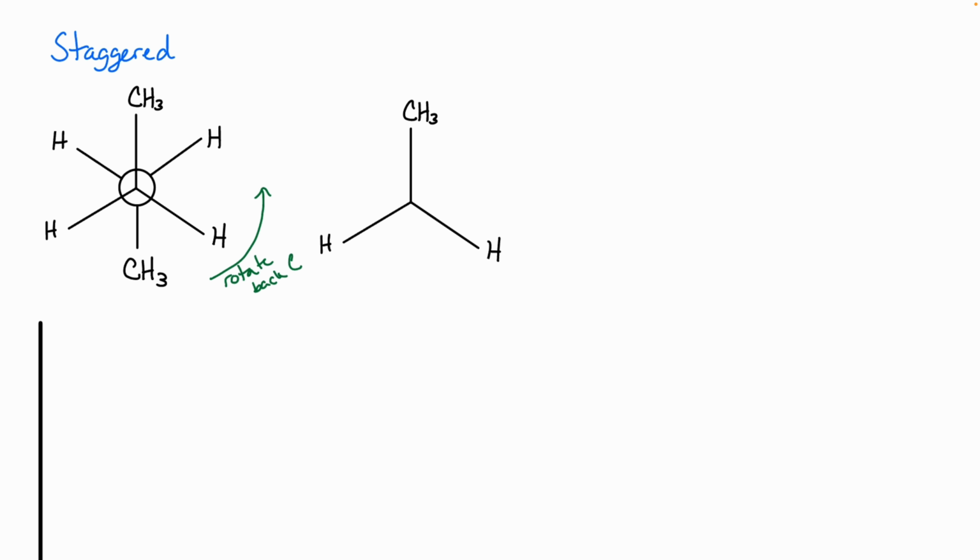Okay? So we start out here. When we're rotating, we first get to this point, our bonds are originally staggered, right? And then as we start to rotate, we reach this state where our bonds are now all parallel with one another. The bonds in the front carbon are parallel to the bonds on the back carbon, right?